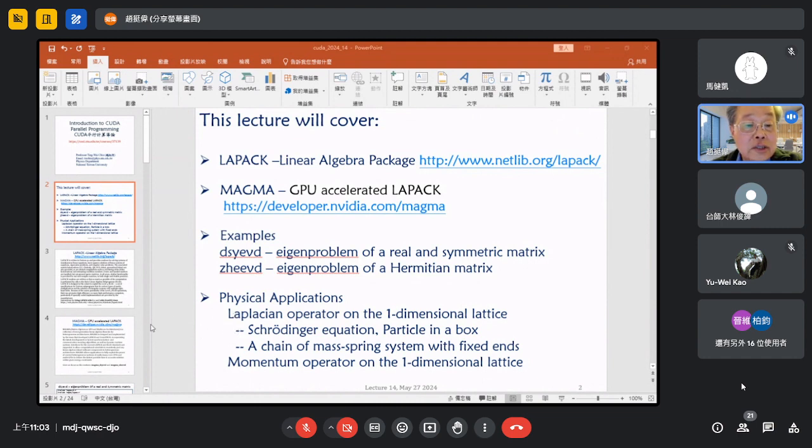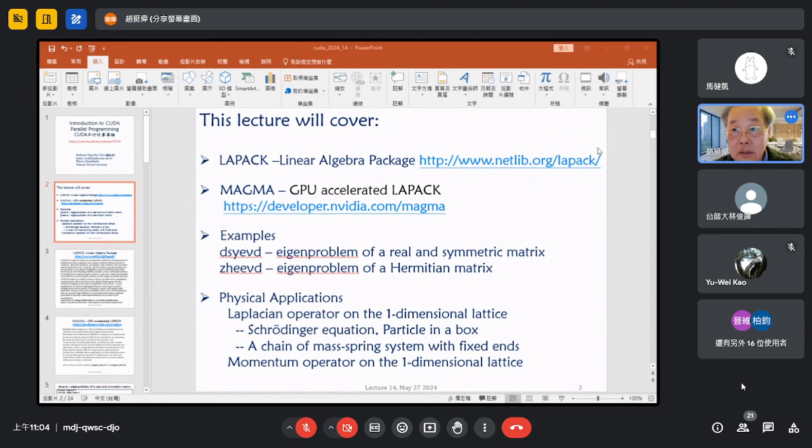The C means the data type is complex, and the Z means double precision, so this is double complex. Then I can go back to the terminal to show you the code in detail.